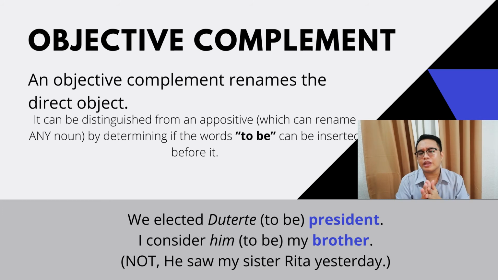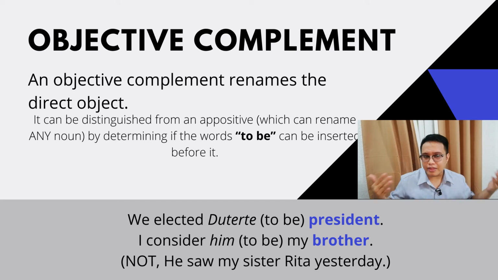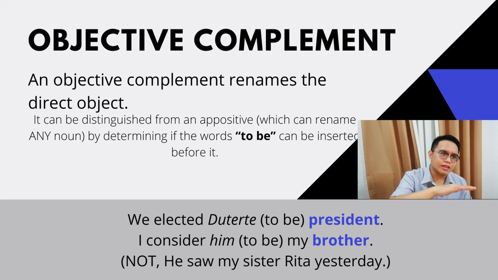Let's say for example here, we elected Duterte president. That's a sentence. We elected Duterte president. But president there, we assume, is an objective complement. It renames the direct object, so we elected who? What are the questions answered by the direct object?